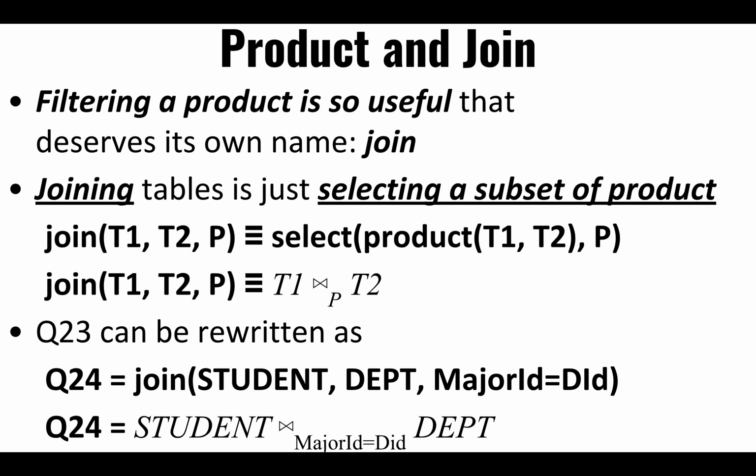And it has its own equation representation, and its own operator, the join. The join takes 2 tables as argument, and then the predicate that joins the 2 tables, where the primary key and foreign key reference each other. Okay.